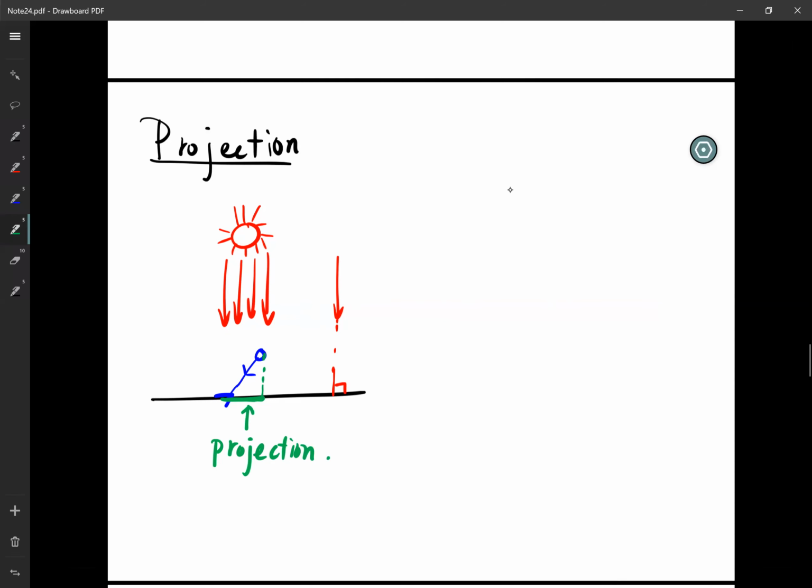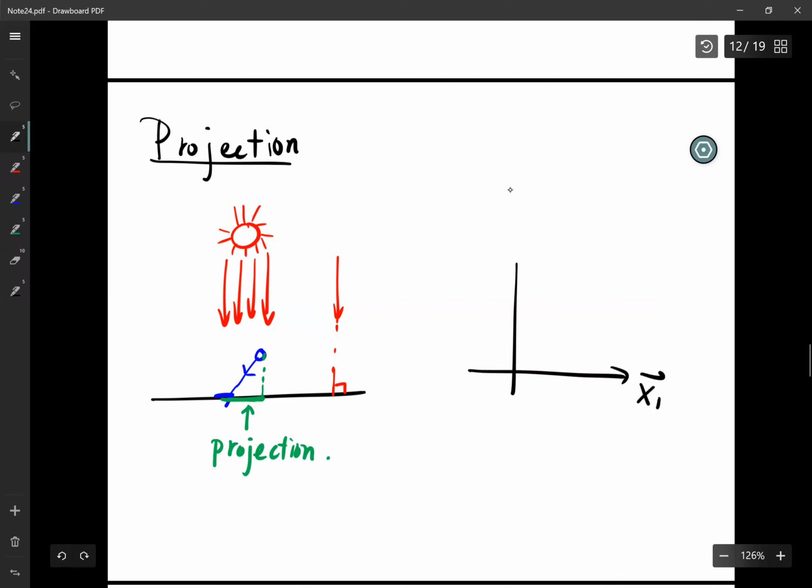So what does this mean in a more abstract sense? If I just simplify this, remove the useless me, and just think about a 2-dimensional thing, I want to project a vector V onto the x1 axis.